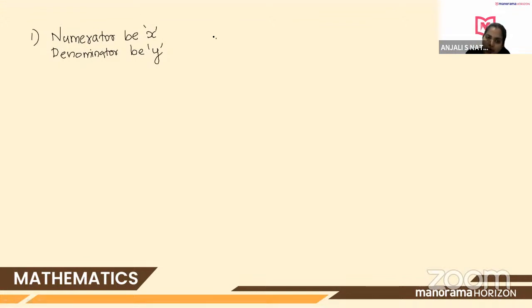Then the fraction will be x by y. In this question it is given that the numerator is 4 less than the denominator. So y is equal to x plus 4. So that is equation 1.